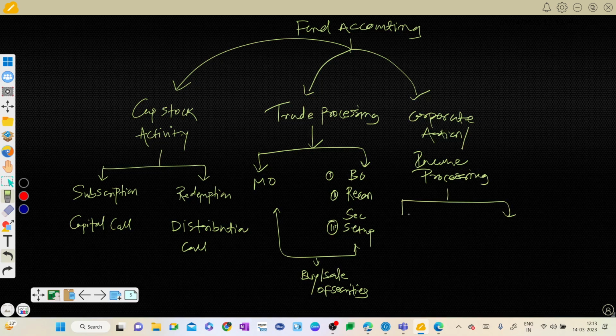So I'll brief it in two ways. One is action on securities, for example, stock split.